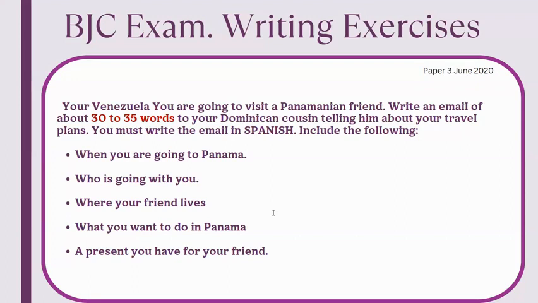It could be, maybe you want to take them a conch shell. I don't know. But again, how you write and say it, make sure you use words that you know. So if you decide to give them an article of clothing as a gift, you would mention things like chaqueta, or vestido and falda.